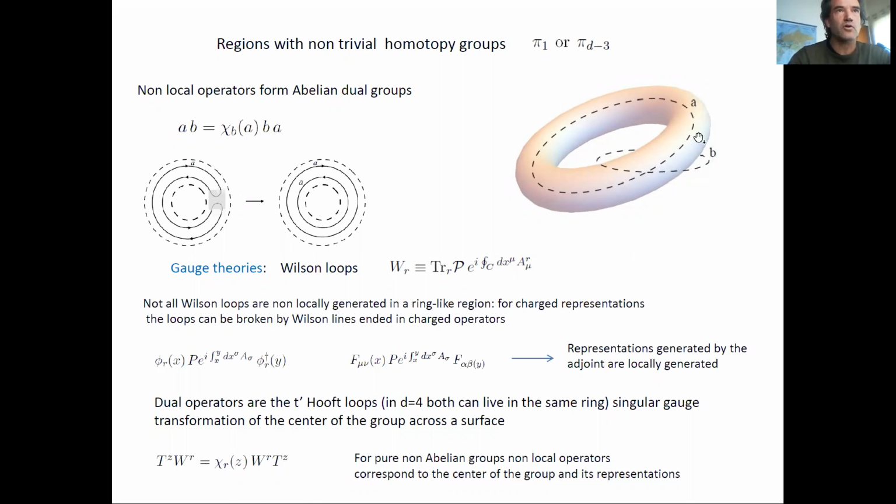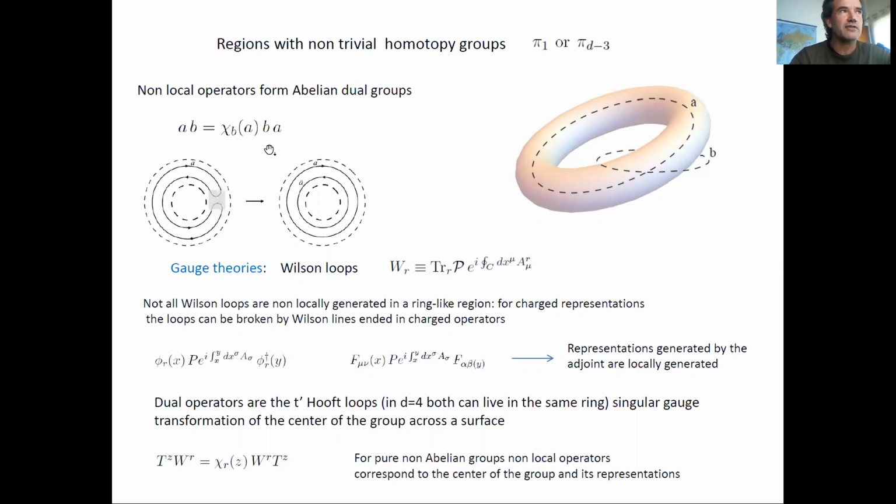You can have a non-locally generated operator inside this torus, and then the outside part will have a non-contractible d-3 dimensional sphere, and you have a non-trivial pi d-3. If you have non-local operators in this situation, you can prove that the algebra of non-local operators is formed by Abelian groups. So it simplifies and it's always an Abelian group.